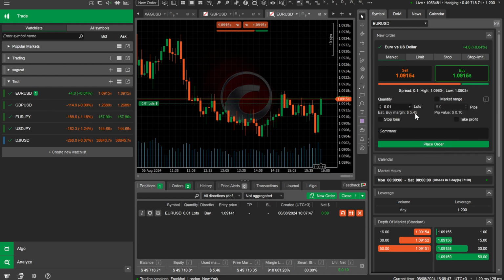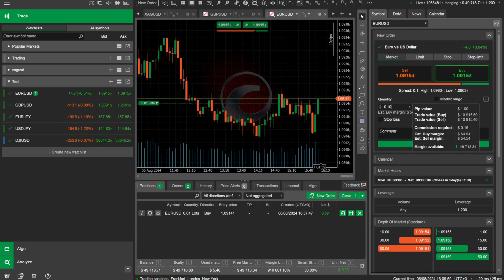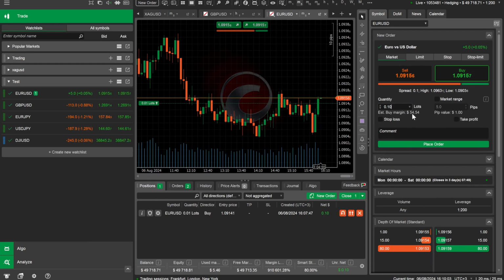So I only use $5.45 out of, let's say, the $500 in my account. Just an example, right? So if I open here 0.10 lots, then I will already use $54 from my free margin.